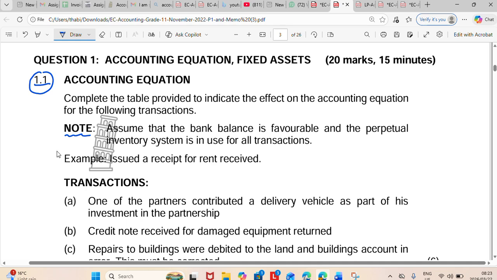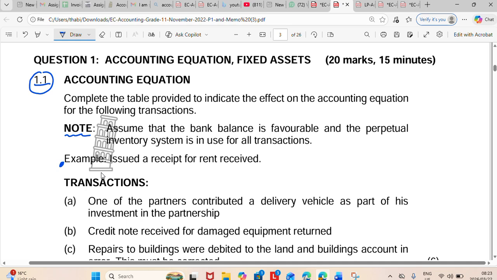So we're even given an example of how we need to analyze the transaction. For example, issued a receipt for rent received. I'm sure on that table we're even shown how that transaction was analyzed. So we're receiving rent.